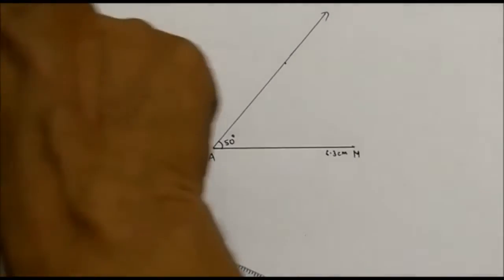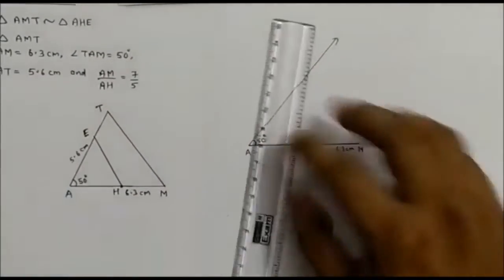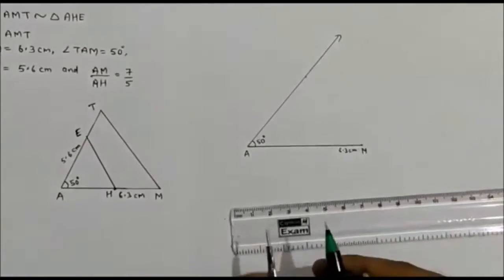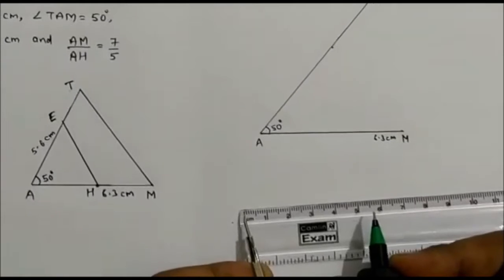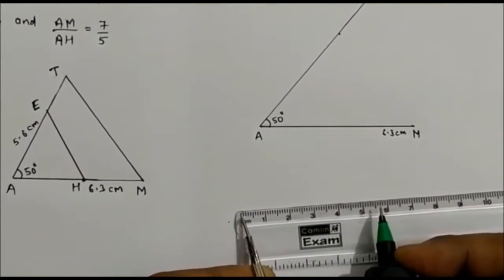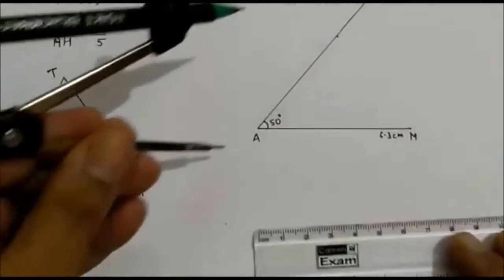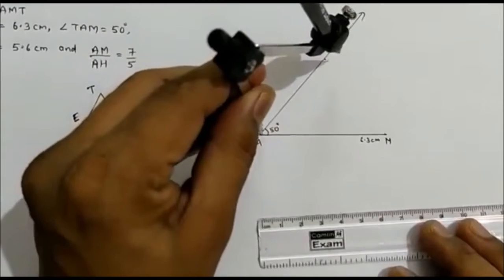Now the distance of AT is 5.6 centimeter. So we'll take 5.6. Students, you can see, we'll take 5.6 here, and from point A you cut an arc here.